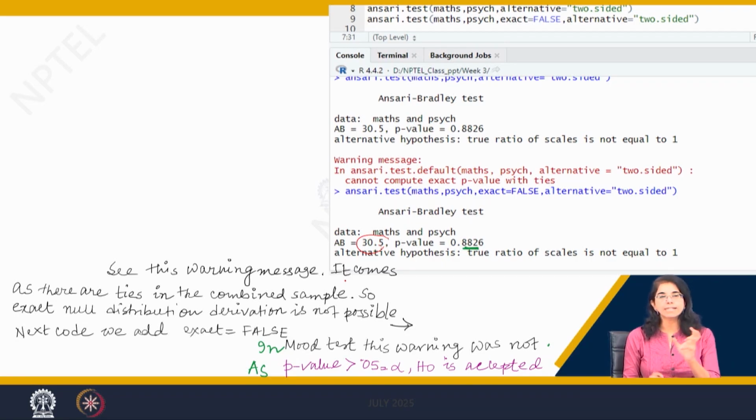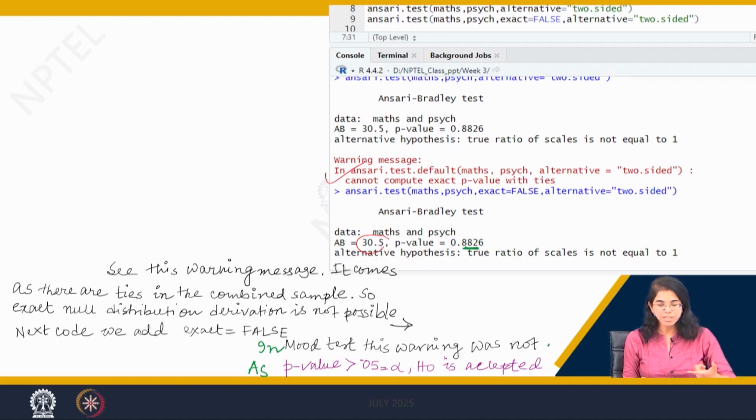So when there are ties, as we are assuming the continuous pattern of the distribution, two observations cannot be the same. But in practice, in real life, we know that sometimes you have to encounter the tie case. So the warning message is for the tie case.